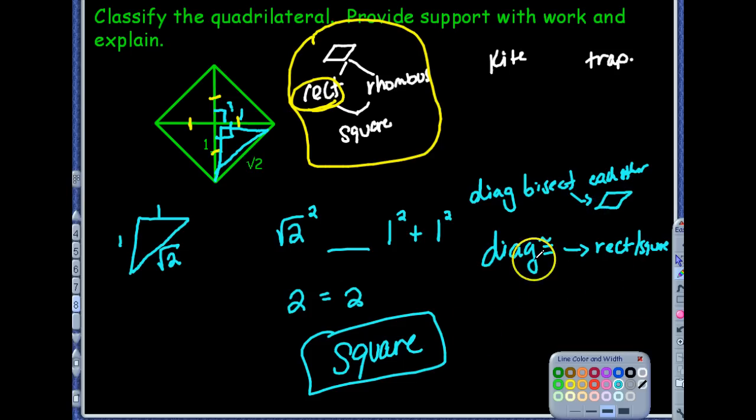Then we said the diagonals were congruent, so that was a rectangle or square. And guys, I said this without any work so far, and I was able to narrow it down. Now I found the diagonals were perpendicular, which means a square. Really it means that it's a rhombus, but you already knew it was a rectangle, so therefore it's a square.